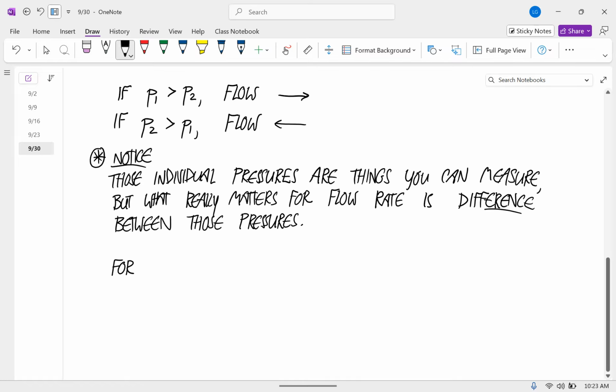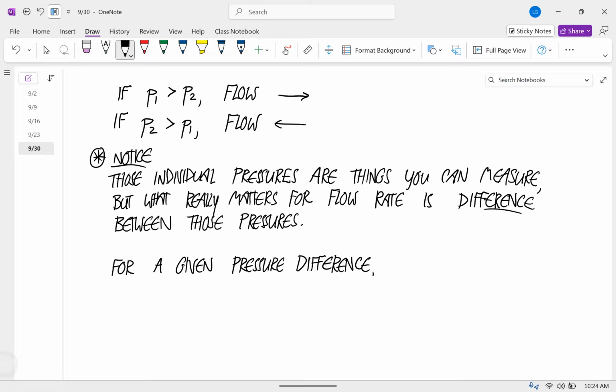I also want you to notice for a given pressure difference, the rate of mass flow, the rate of flow, is affected by how thick that pipe is.